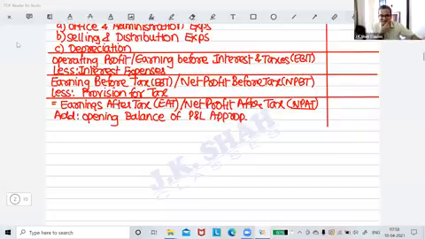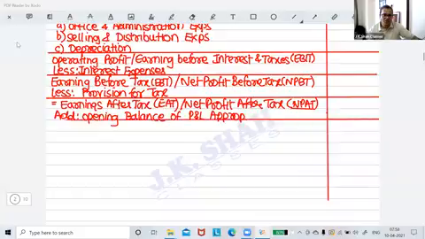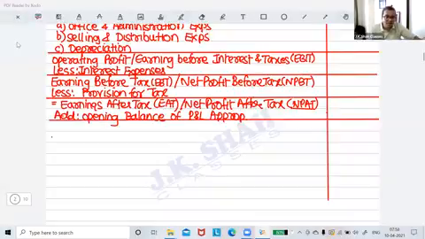Wait, let me complete. So you add the opening balance of P&L appropriation. Whatever total you get, you say less appropriations.